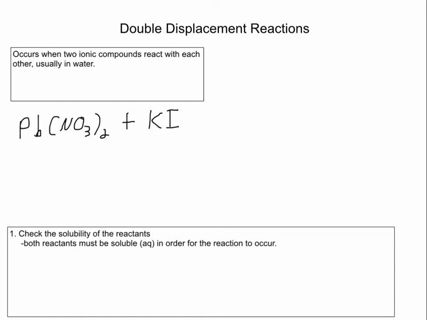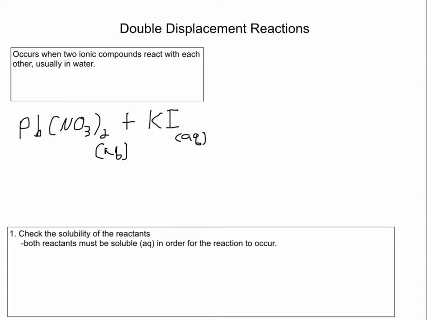So we refer to our solubility rules, and our rules say that all nitrates are soluble, with no exceptions. So that means that lead nitrate is going to be aqueous. And potassium iodide, potassium is an alkali metal, group 1 metal, and all compounds that contain an alkali metal are soluble. So this will also be aqueous, and we pass the test. Both reactants are soluble.